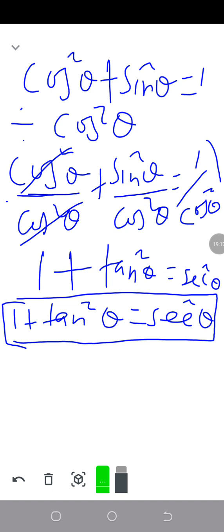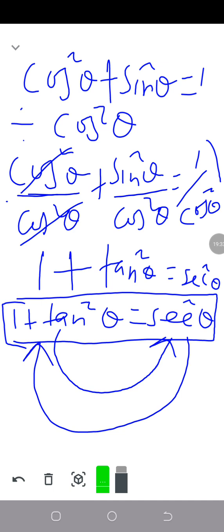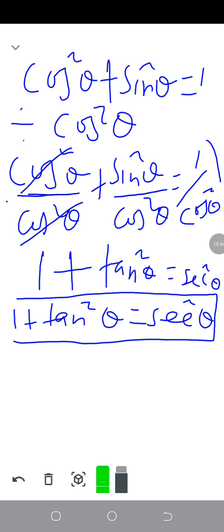The importance of this identity is that one can substitute or represent 1 plus tan squared theta with sec squared theta, or one can substitute sec squared theta as 1 plus tan squared theta, especially when we shall be dealing with solving of trigonometric equations, and also when we shall be dealing with proofs of the trigonometric identity. So note that this identity is very, very important.